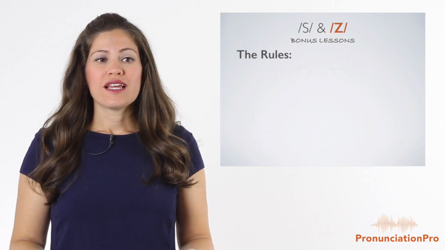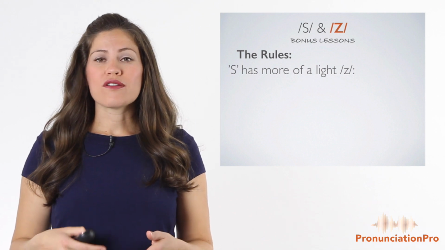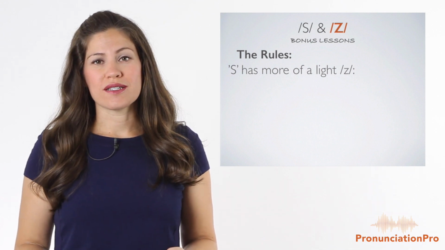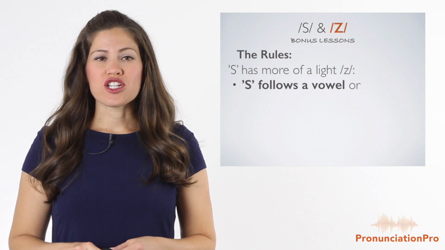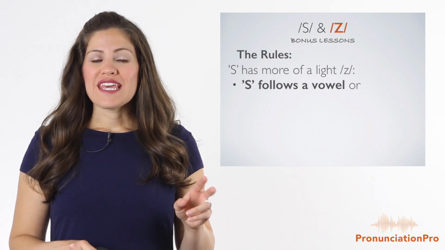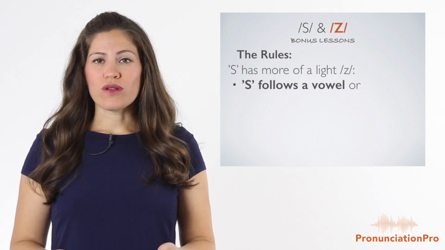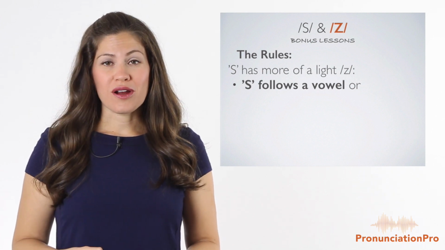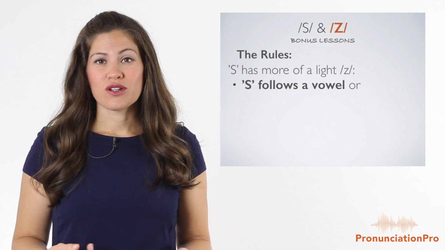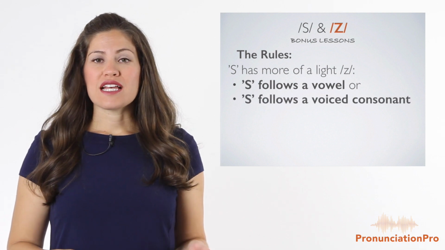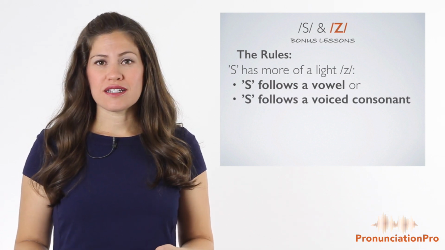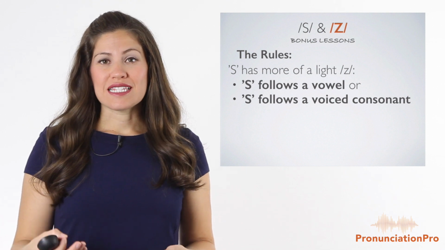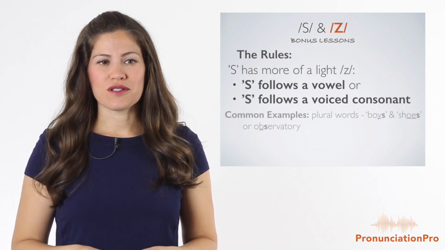When do we know if an S has more of that Z sound to it? Two situations here. When the S follows a vowel, then we're going to get that Z sound. This happens a lot in American English, so you're going to come across this quite a bit. And when the S follows a voiced consonant, then you're going to get that Z sound.